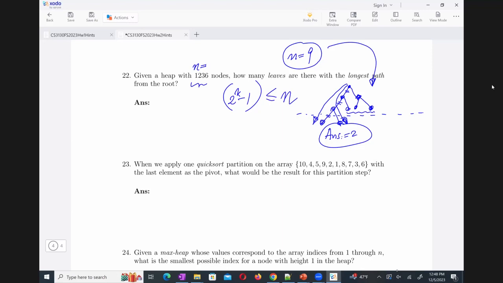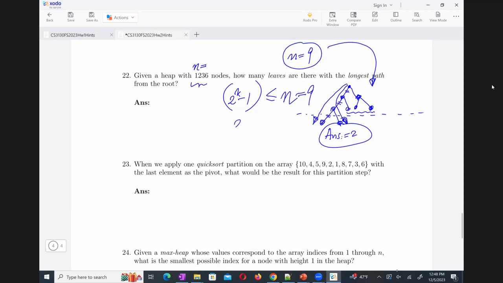Now, here our n equals 9. What is the largest k so that 2 to the k minus 1 is less than or equal to 9? Can you see that? The largest k is 3, right?